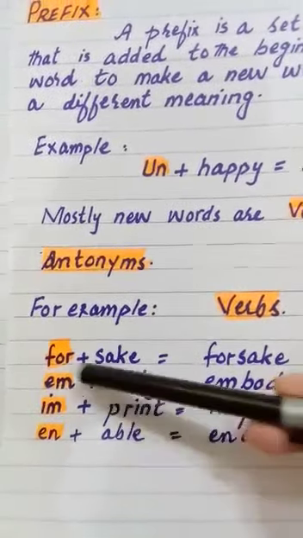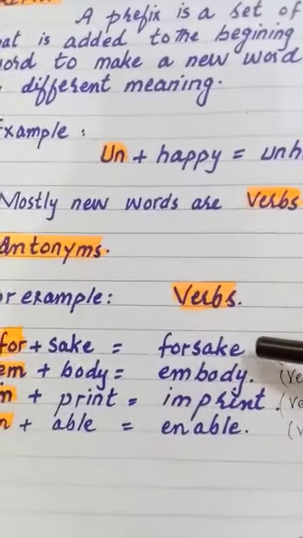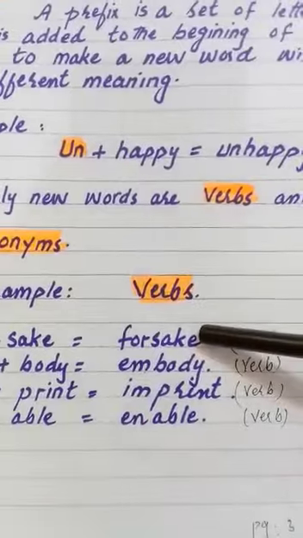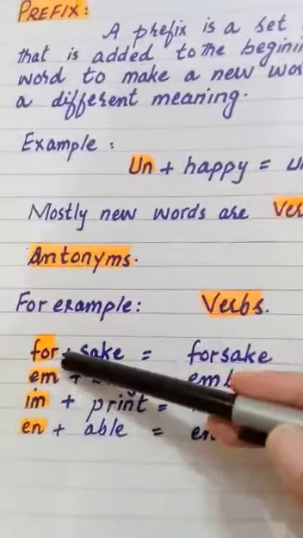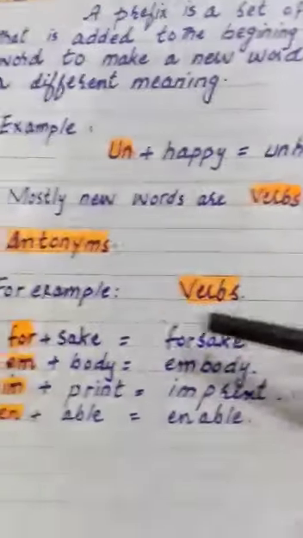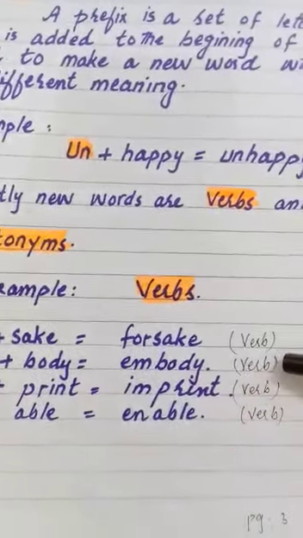These are the words. When the prefixes are kept before these words, a new word is made. Forsake: for plus sake is forsake, and this is a verb. Embody, and it is a verb.